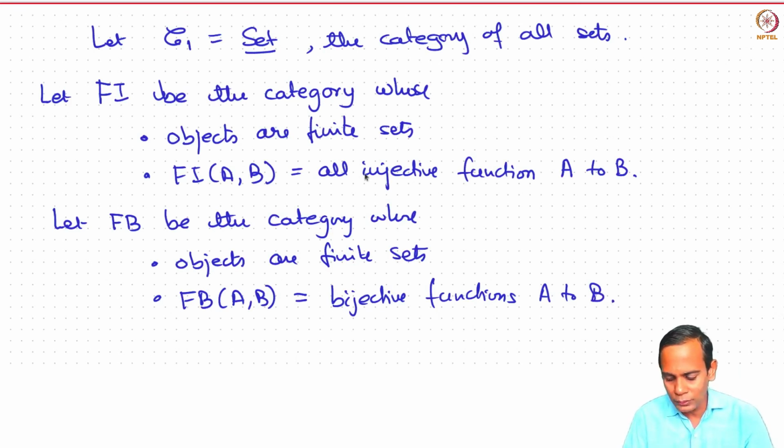You just need to note that a composition of injective functions is injective, and of course the identity function is injective, and here the composition of bijective functions is bijective and the identity function is bijective.